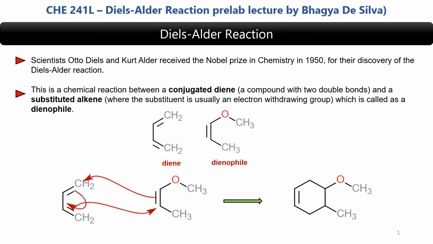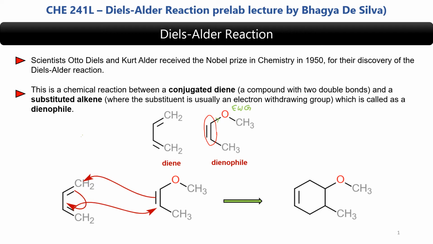The special thing about the dienophile is that it also has an alkene group, but it's close by to an electron withdrawing group. Due to being in the proximity of the electron withdrawing group, this double bond is slightly lacking electrons, because the electrons are pulled more towards the electron withdrawing group.